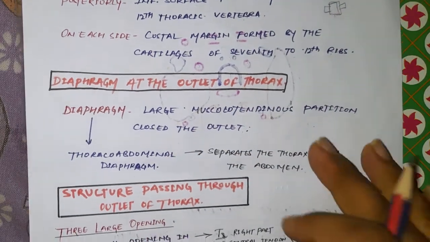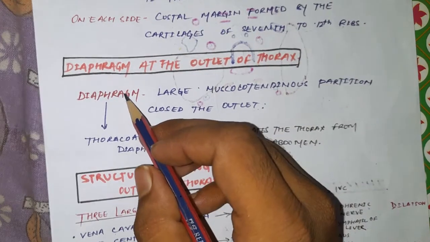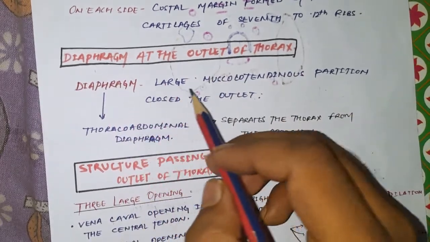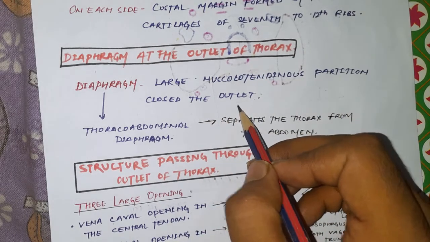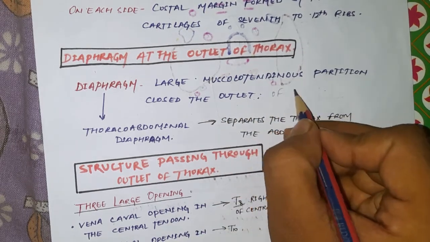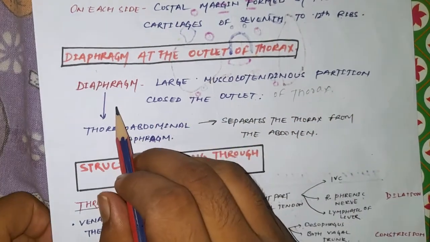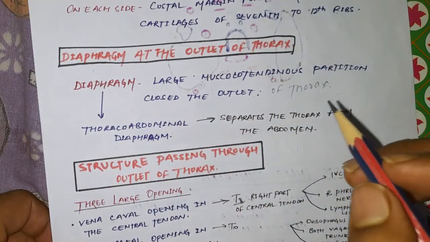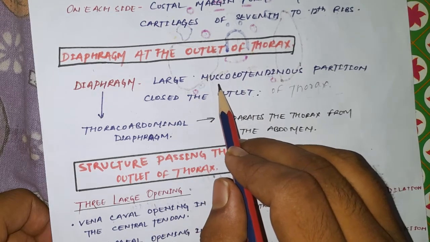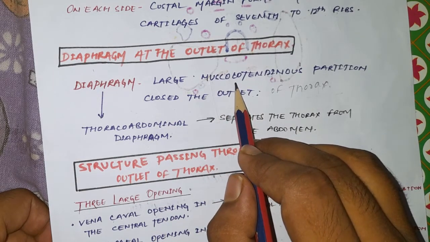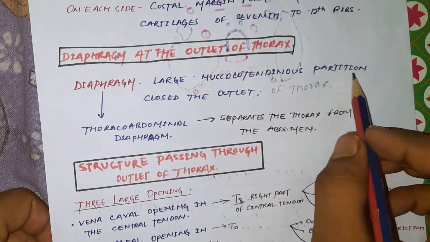Now we are going to study a brief description of the diaphragm. The diaphragm is made up of a large musculotendinous partition that closes the outlet of the thorax.